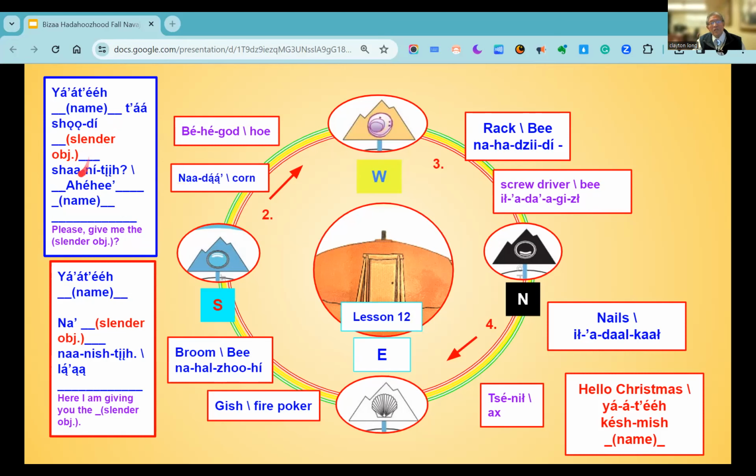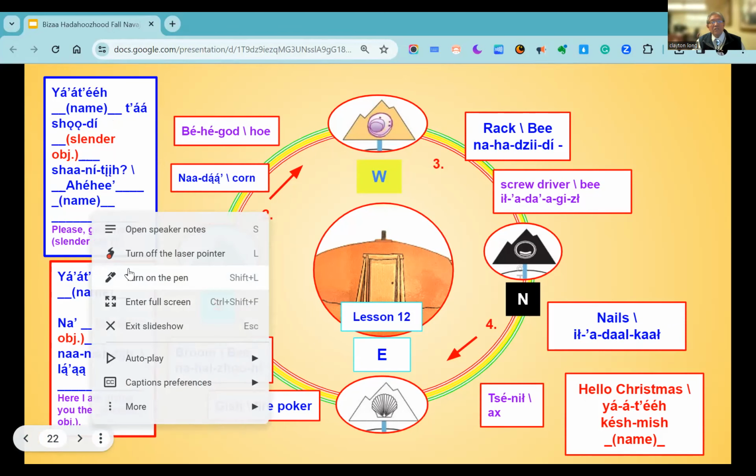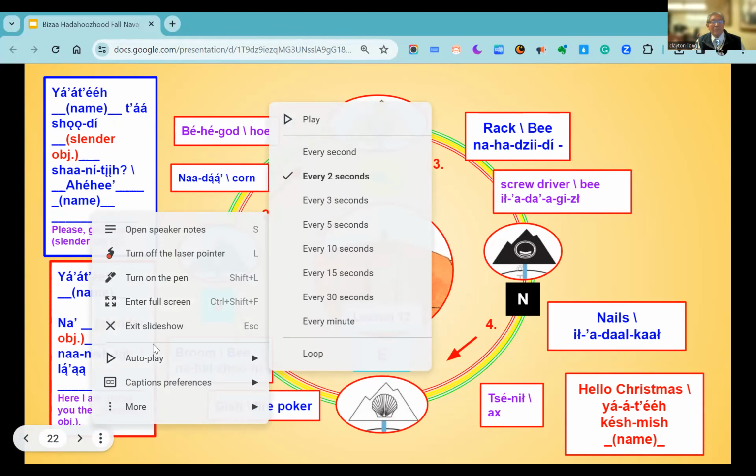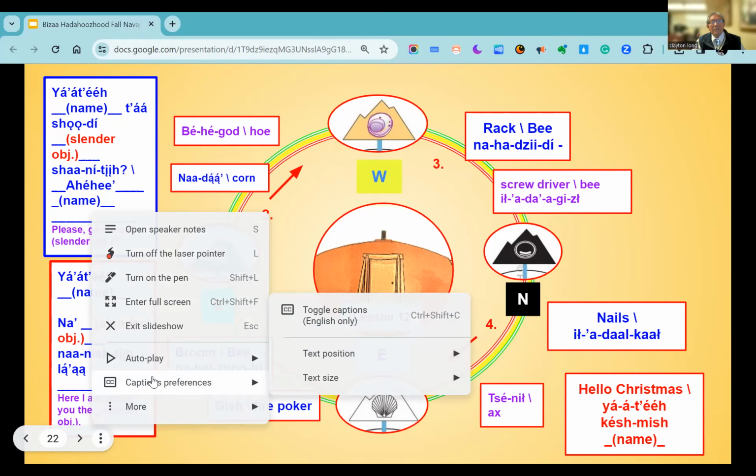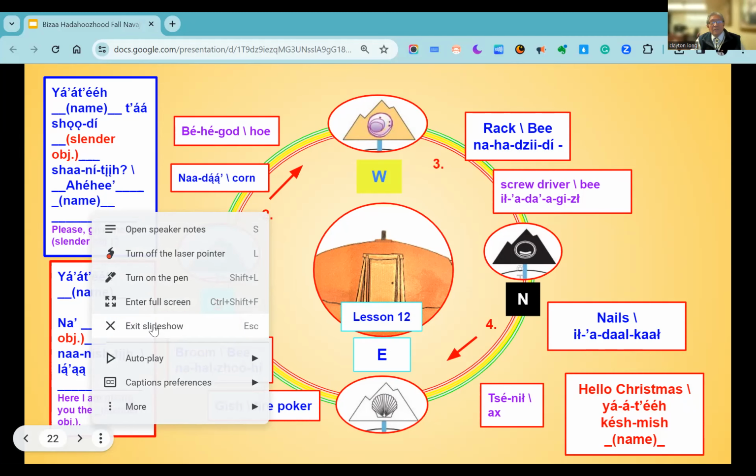Ashwante gish. Shaanítįįh. So really it's not a question, and I'll make sure I bring that. Let me change it because it's not a question. It's a command. It's a plea. It's a please idea. So let me just put that as a period.